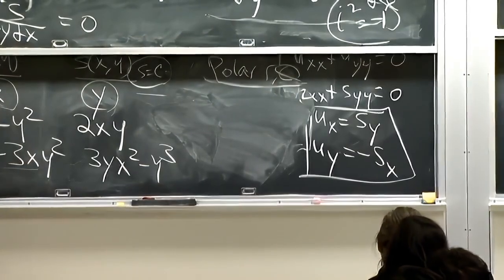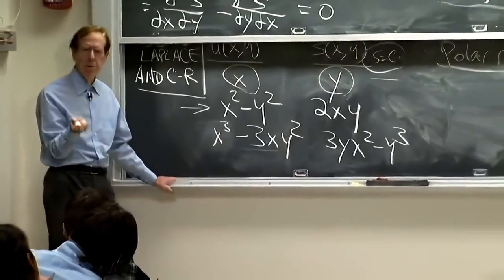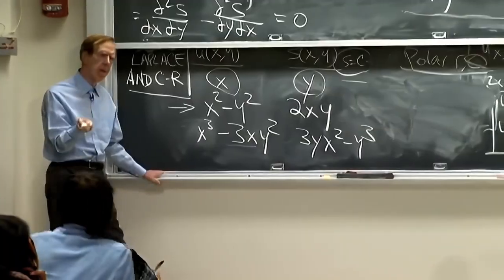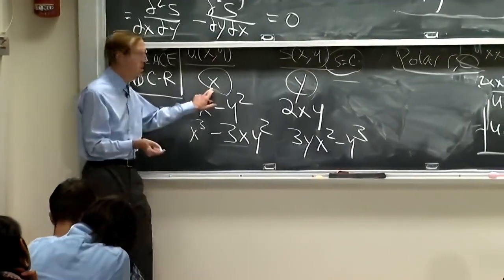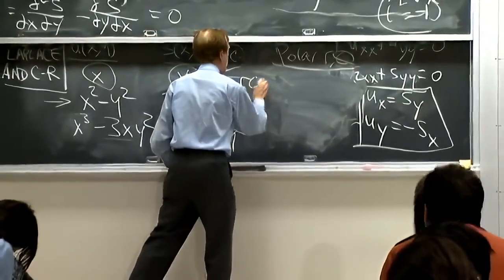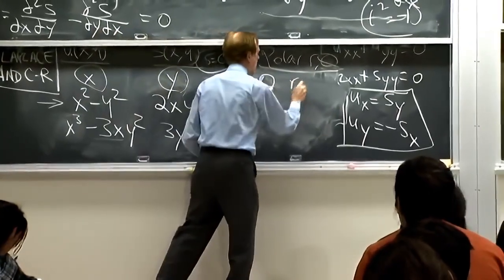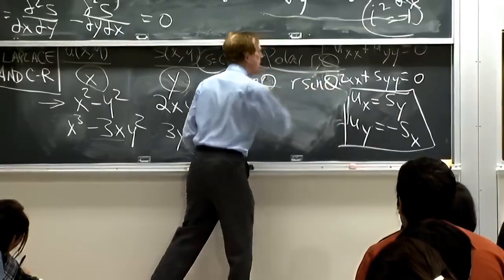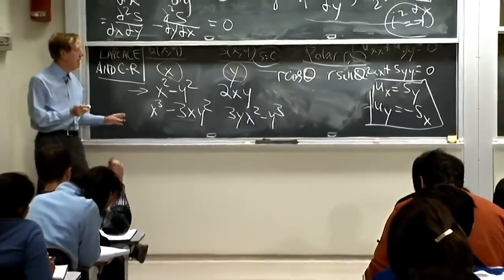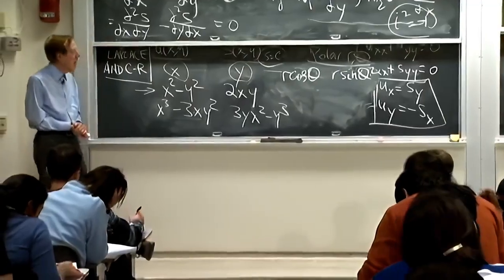So what is x in polar coordinates? If I switch from xy rectangular coordinates to r theta polar coordinates, x is r cos theta, and y is r sine theta. Okay. Well, so far it doesn't look any easier. x and y look fine. But let me go to the second one.